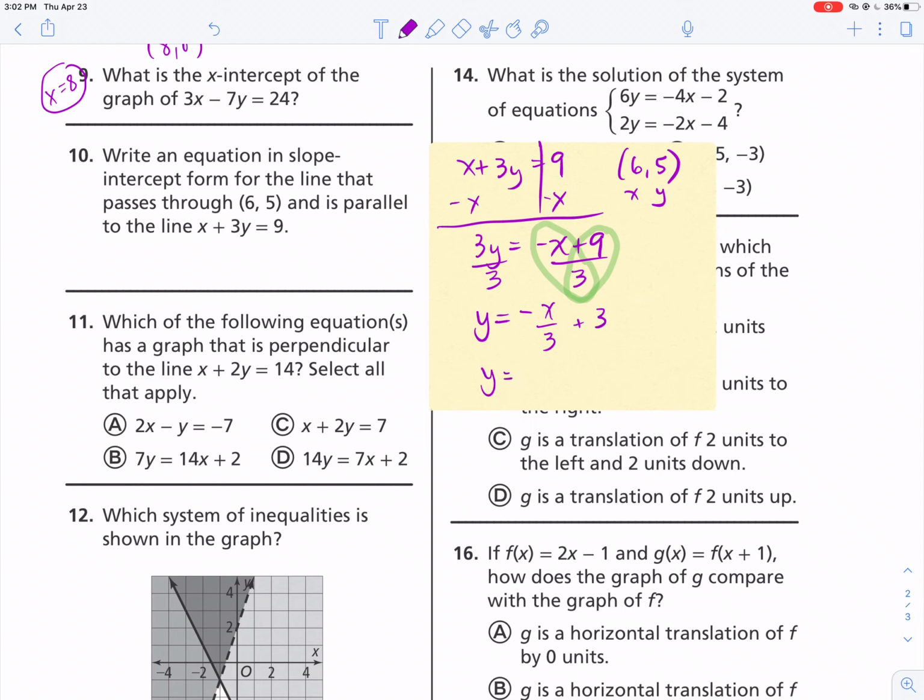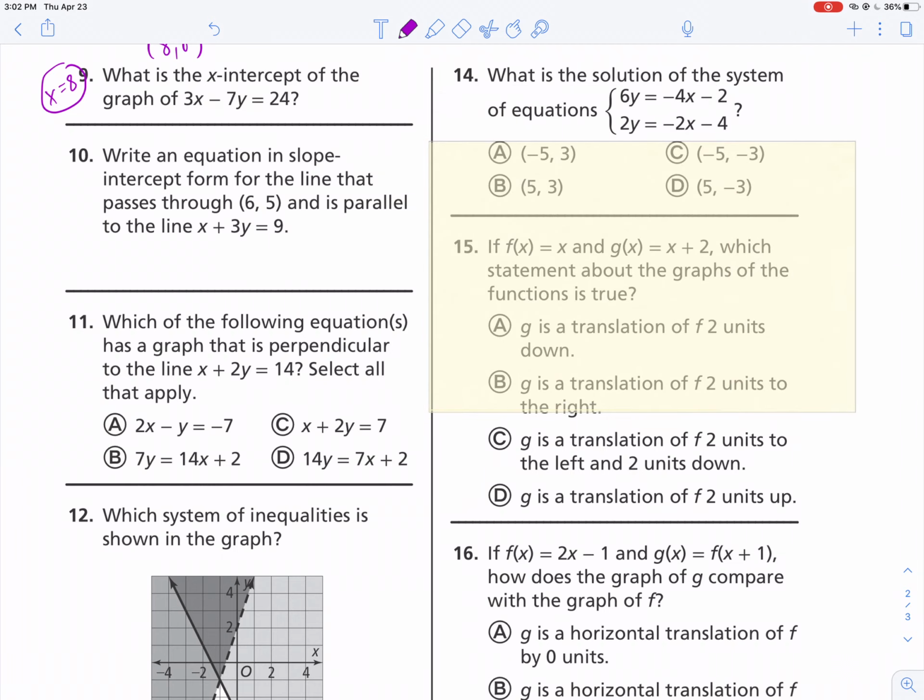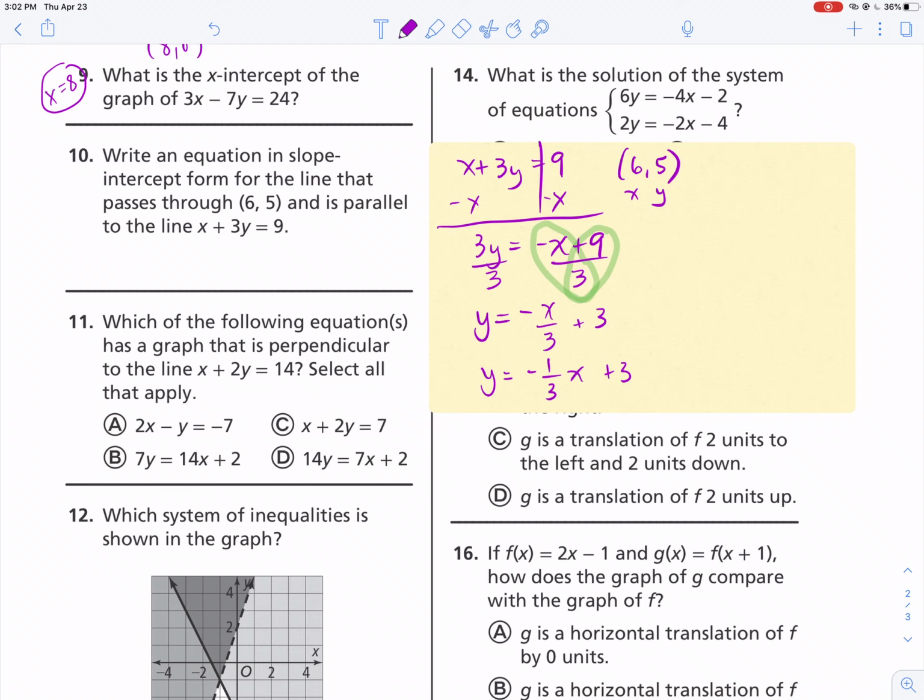So another way to write this is I technically have one x on top and a 3. You can put the x on top if you'd like, or out to the side. It's going to be the same, plus 3. So let's make this sticky note a little bigger. So now we know that our slope that we want for our parallel line is going to be negative 1/3.